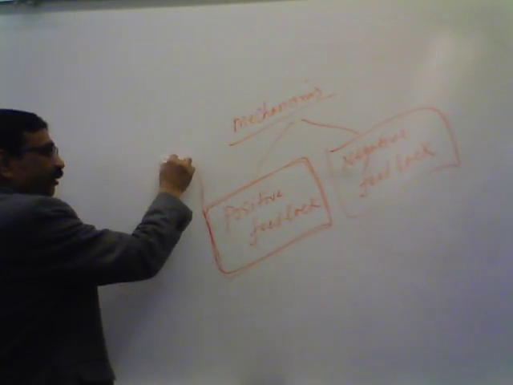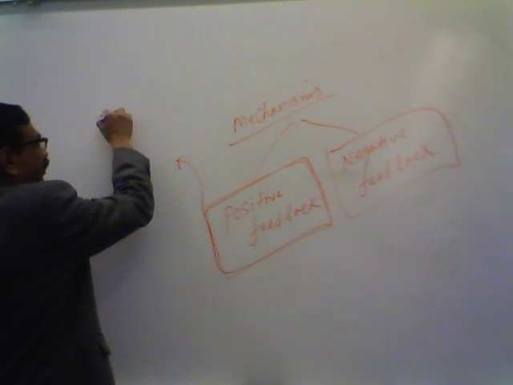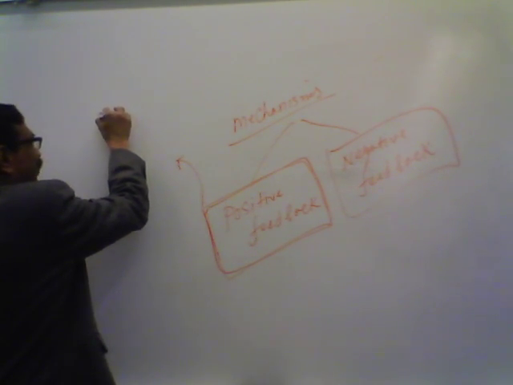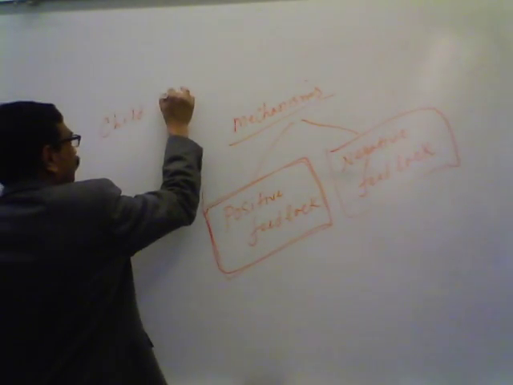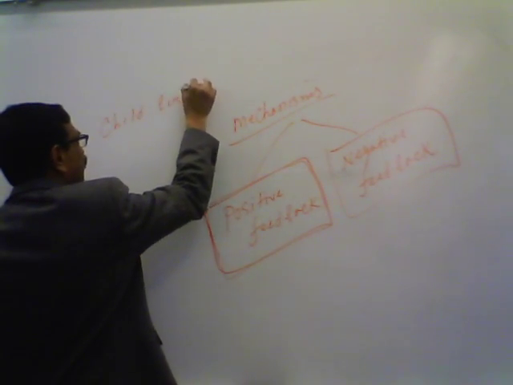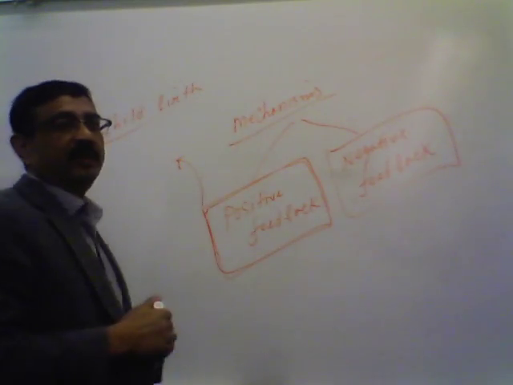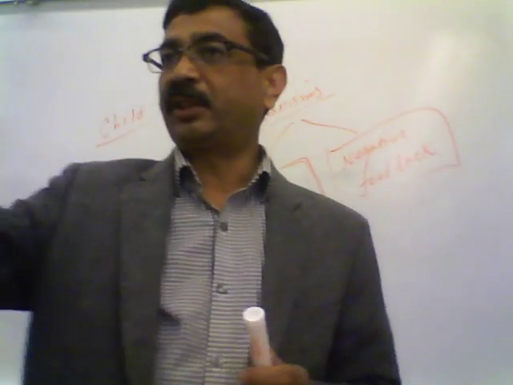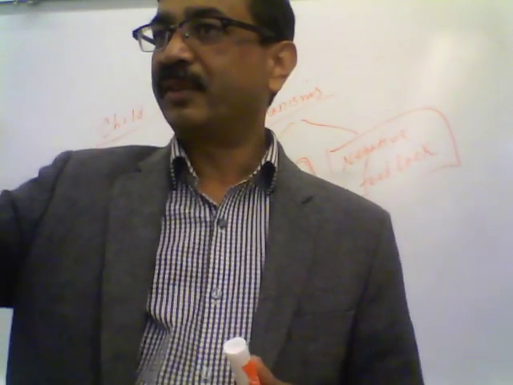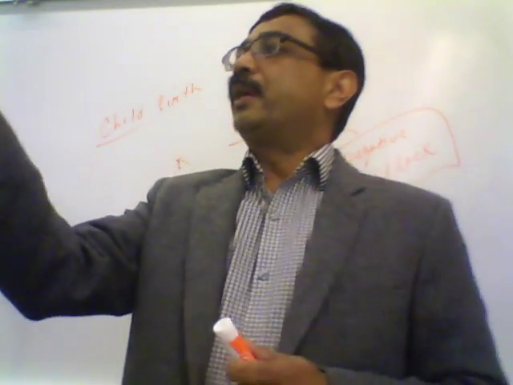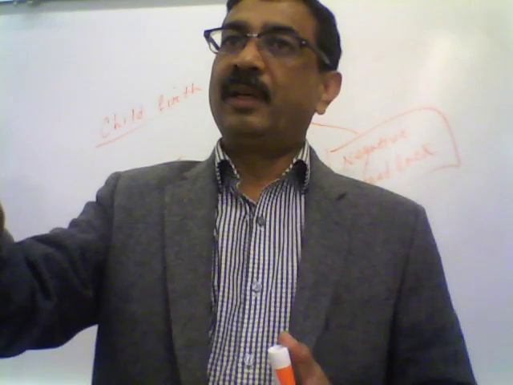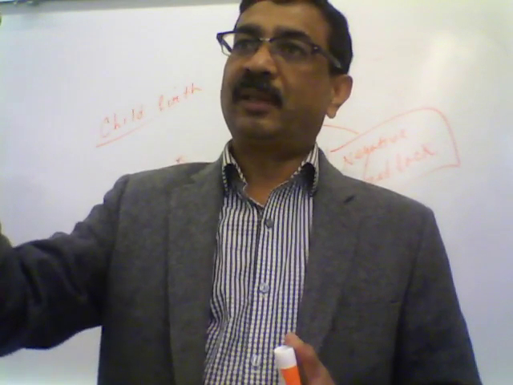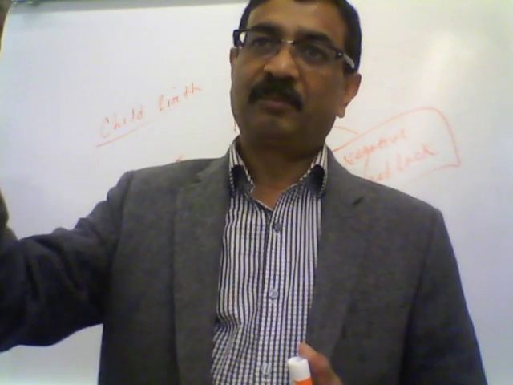Positive feedback is childbirth. During childbirth, you know that uterine contraction of the uterus occurs, and initially the contraction is slow, but gradually the contraction increases.